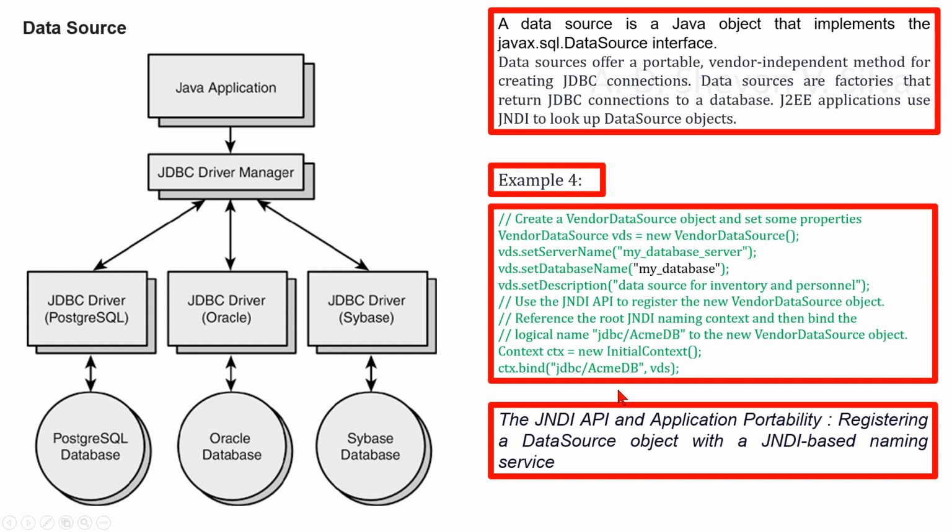Using the JNDI API, an application can access a data source object by specifying its logical name. A naming service using the JNDI API maps its logical name to a corresponding data source.